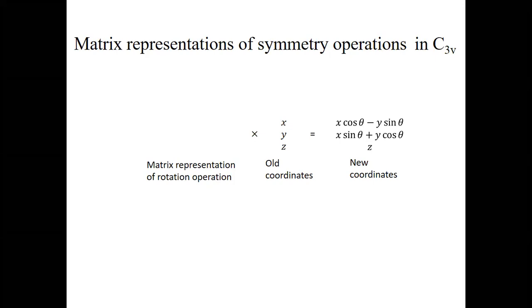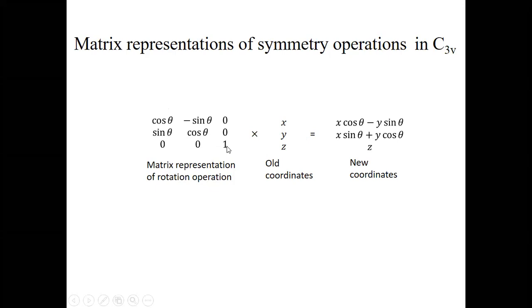So now, what would be that matrix that when multiplied with the old coordinates gives the new coordinates? The matrix would have this form here: cosinus theta, minus sinus theta, 0; sinus theta, cosinus theta, 0; and 0, 0, 1.